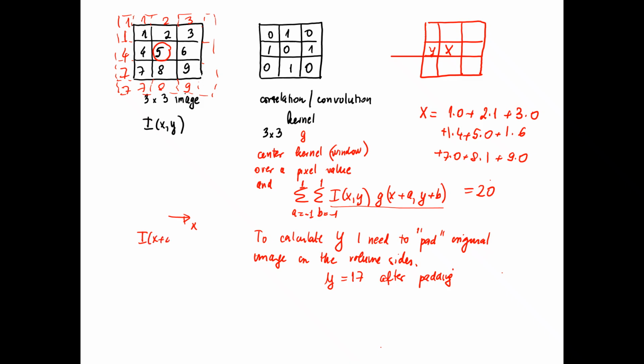I of x plus delta x minus I of x minus delta x, divided by 2 delta x. Yes? Central difference. Can you come up with a kernel that would give you that when placed, an approximation to the x direction derivative?